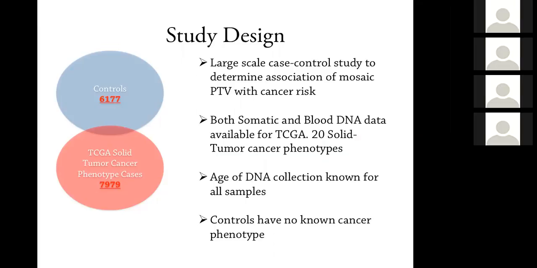So we had almost all of those samples available, roughly about 8,000, and we collected about 20 solid tumor cancer phenotypes, so all kinds of tumors. And the most important part is that for each of the samples, the germline, so the blood DNA sample, is available, and also the tumor DNA sample is available. So we know mutations both from the tumor and from the blood.